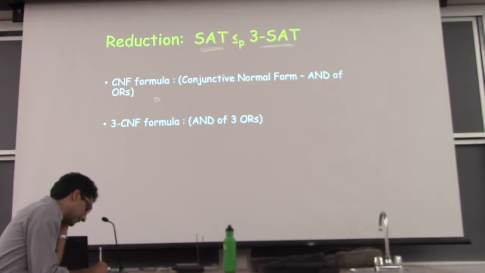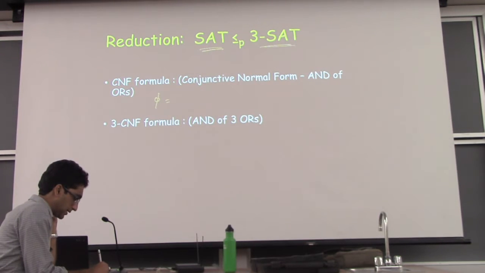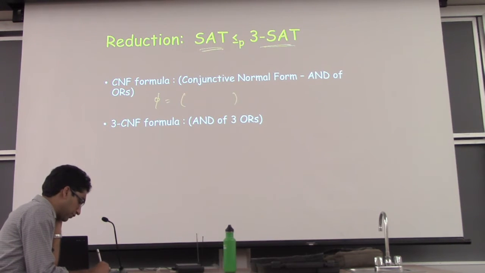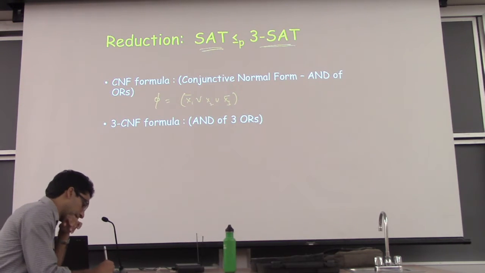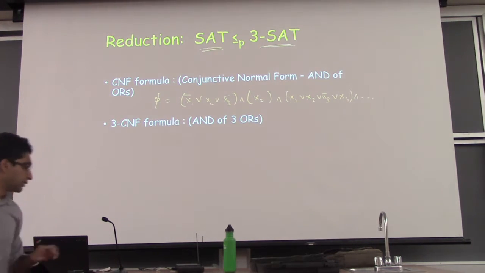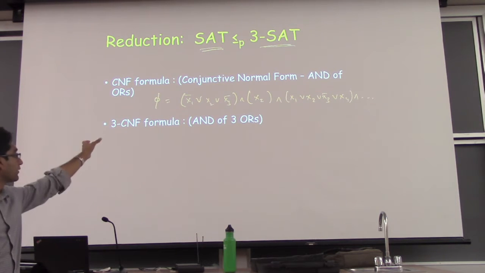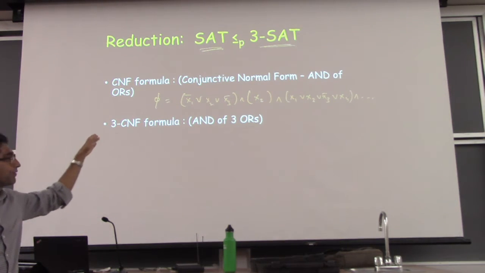And we said that phi is a bunch of ORs, so it could be like x1 bar, x2 or x3 bar, something like this. Bar is just the negation. And you have an AND of these things. So you might have x2 and x1, x2. So you have a bunch of what we call clauses, and you have an AND of them.